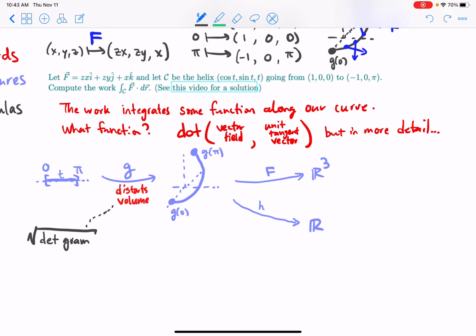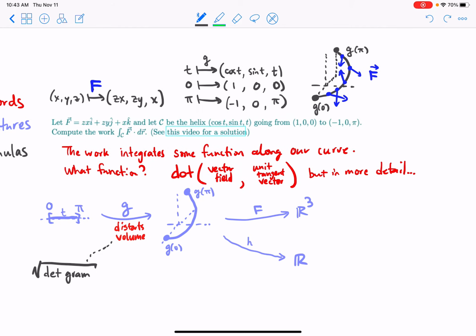So let's compute the derivative of G. G has one input variable, so we'll just take d dt of this. Cos becomes minus sine, sine becomes cos, and t becomes 1.